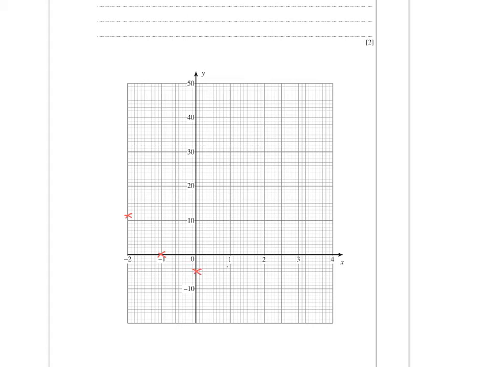And then 1, minus 4 there. So then 2 and 3. 3 and 16, and 4 and 35, so by there. Okay, now a squared graph is a curved graph, so I'm going to try my best here, but yours will look better than mine. You freehand draw it so it curves like this. Okay, that's not too bad.